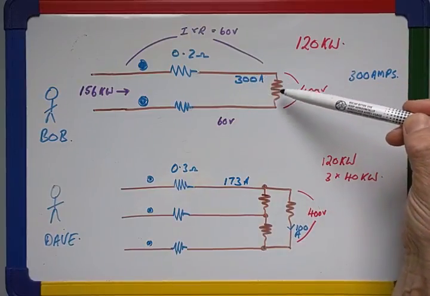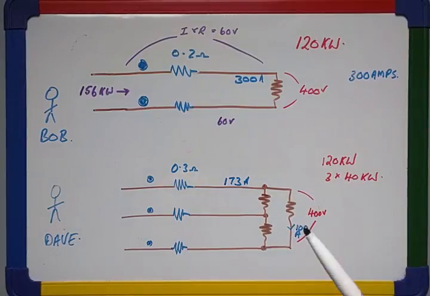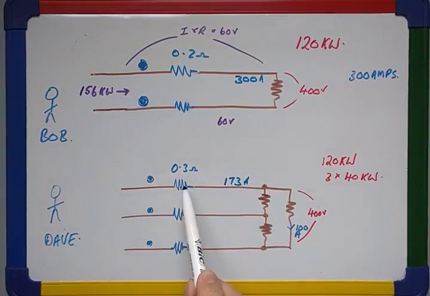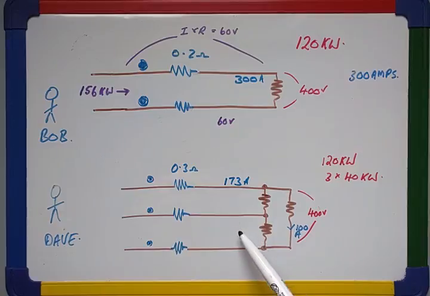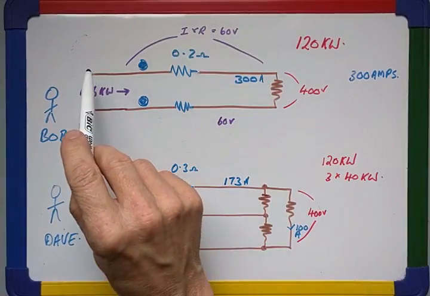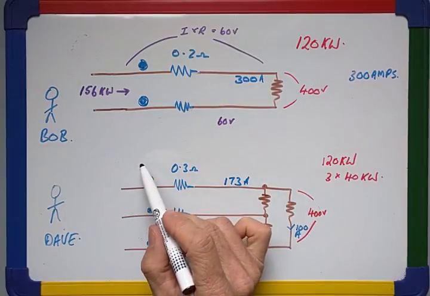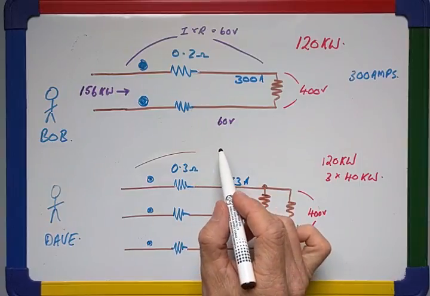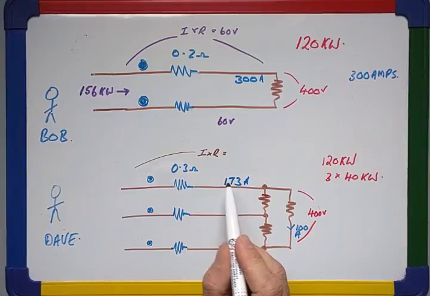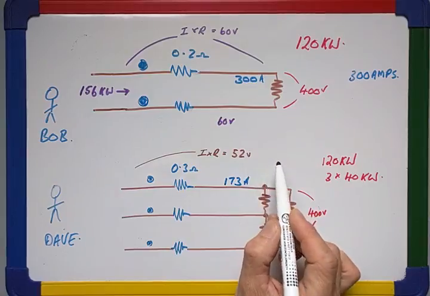Here there's 300 amps flowing through the load. Here there's 100 amps flowing through each of the 3 loads. Here there's 300 amps flowing in the supply line. Here there's only 173 flowing in each of the 3 supply lines. Now in Bob's system here, there was a voltage drop along the supply of 60 volts, I times R. And here there's going to be a similar voltage drop, I times R. Here it's going to be 173 times 0.3, which is 52 volts.